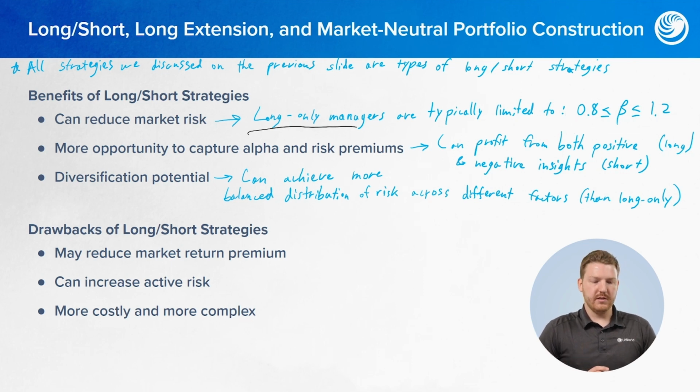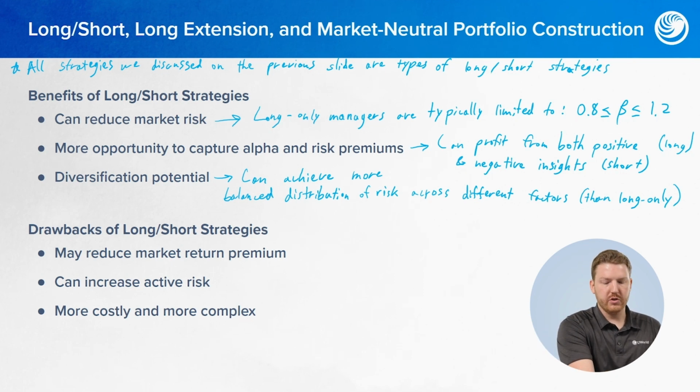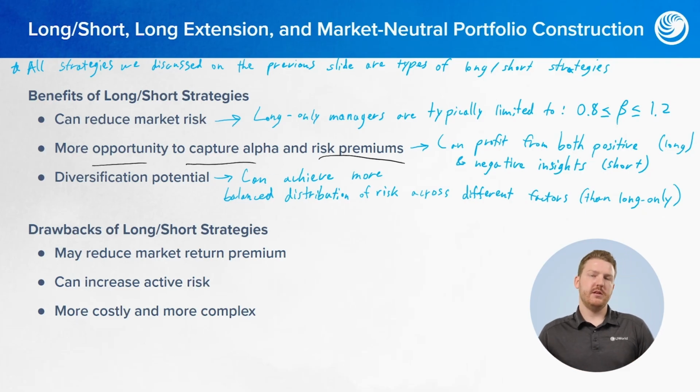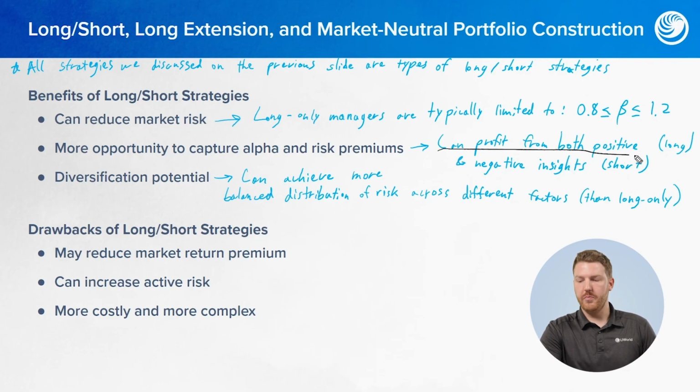Another benefit is that there's more opportunity to capture alpha and risk premiums relative to a long-only strategy. This is because the manager can profit from both positive insights, which would be these long positions, and negative insights, which would be reflected by the short positions.